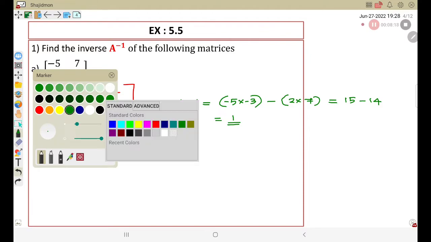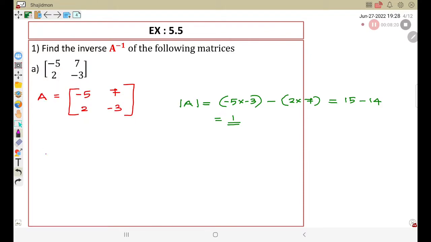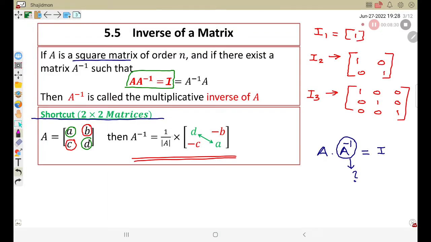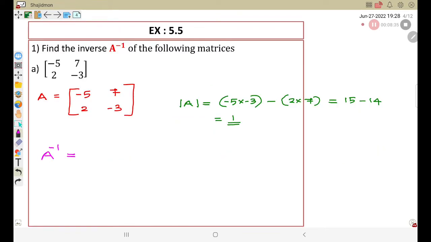Now we are writing the inverse of that matrix. A inverse, we represent with the notation A to the power minus 1. So A inverse equals, as we discussed in the shortcut, 1 divided by the determinant of A, correct? So we can write 1 divided by, what is the determinant of A? It is 1. Multiply by the matrix with the main diagonal numbers interchanged.